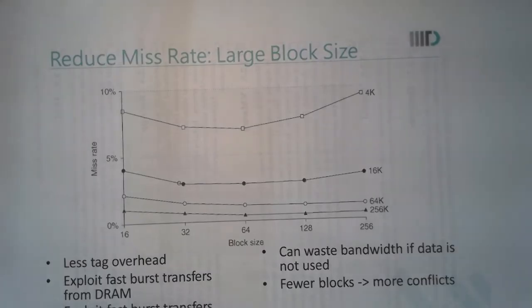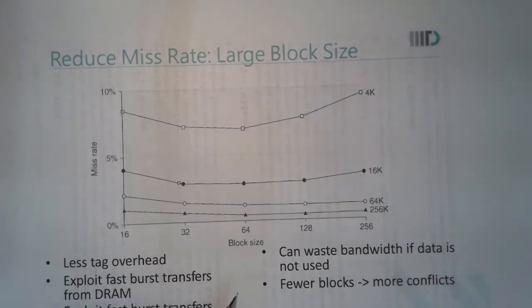We have motivated ourselves that for exploiting spatial locality, we have to have block sizes which are not too small, because if some data is getting accessed, it is very likely that the data around that particular byte which you are accessing will be accessed as well.